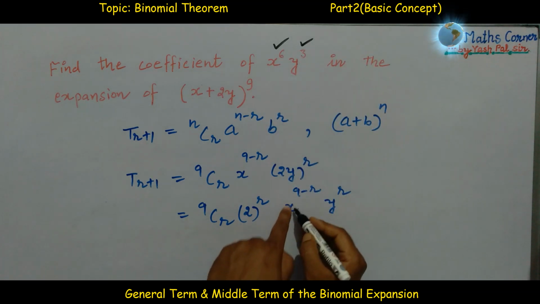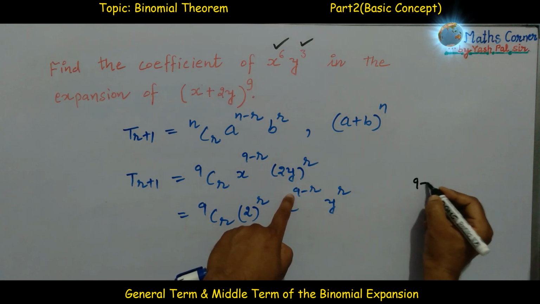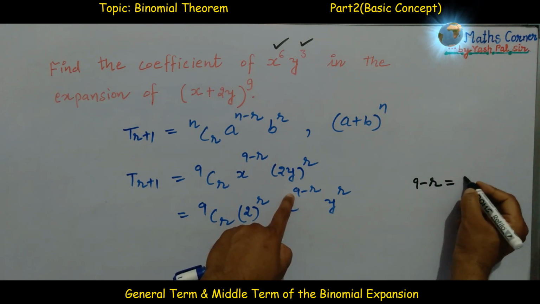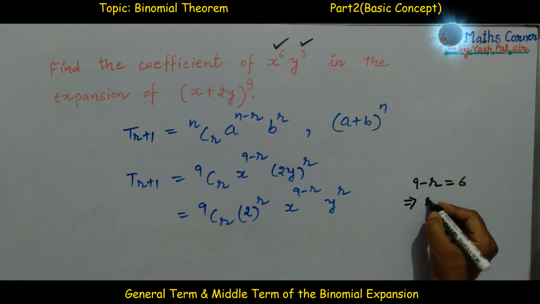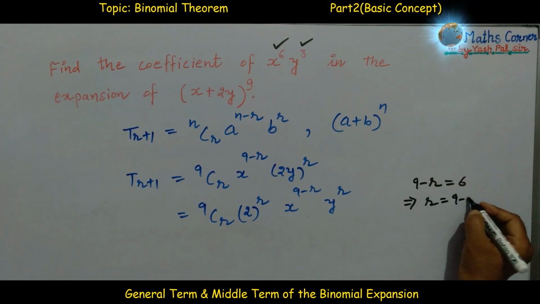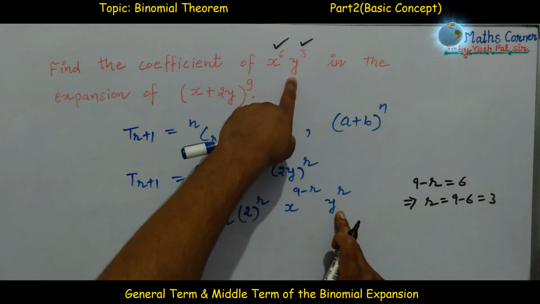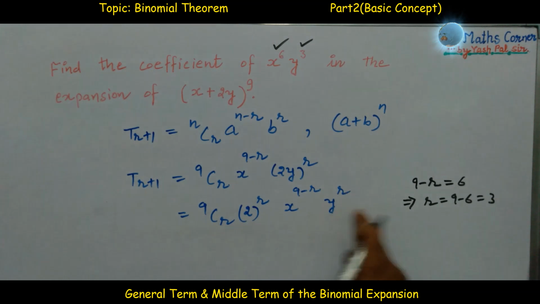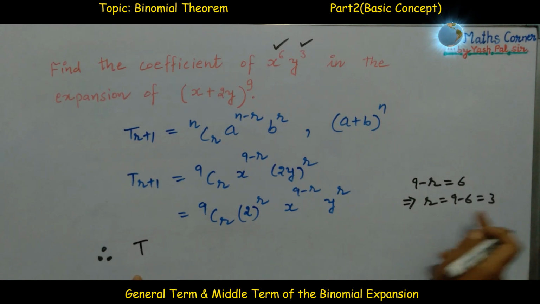It means x raised to power 6, so 9 minus r should be 6. This gives us the value of r is 9 minus 6, which is equal to 3. So y raised to power 3 is automatically obtained. The value of r is 3.